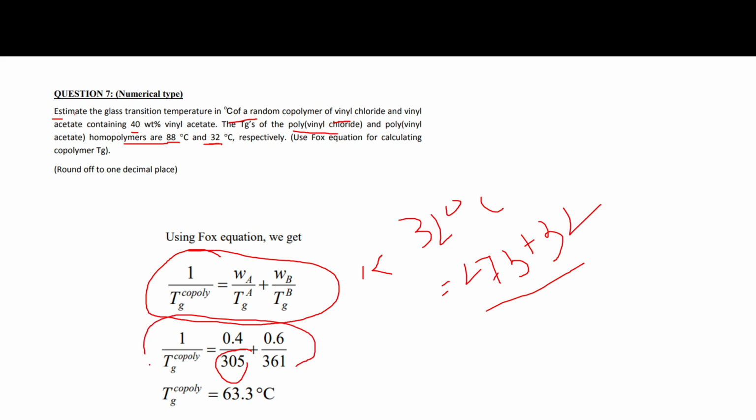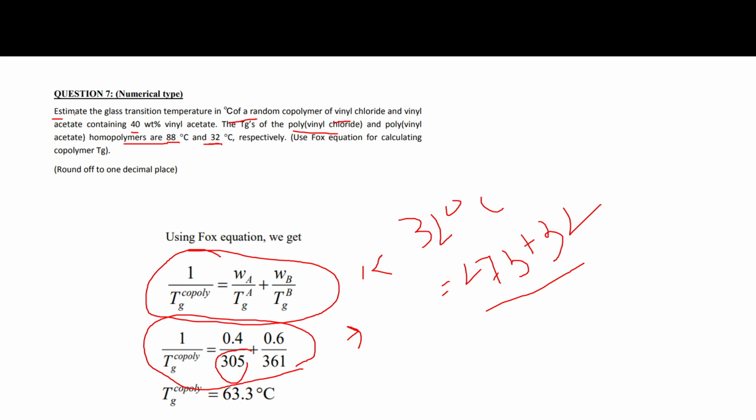From here you get the temperature in Kelvin, and then you have to convert it into degrees centigrade.